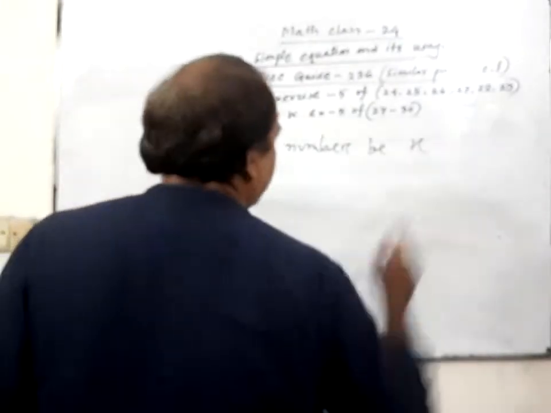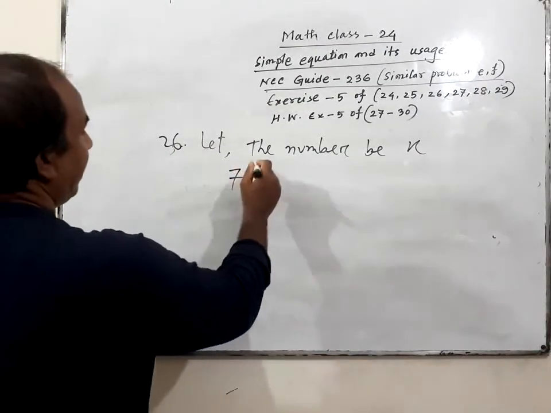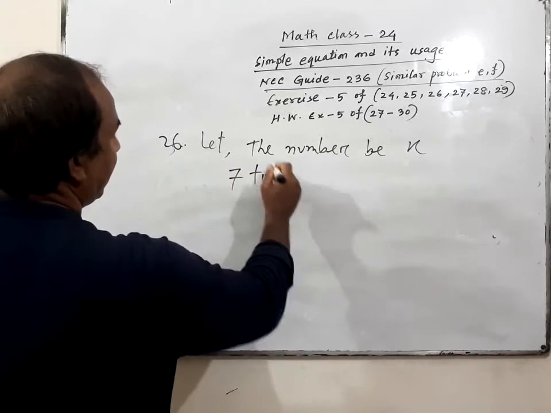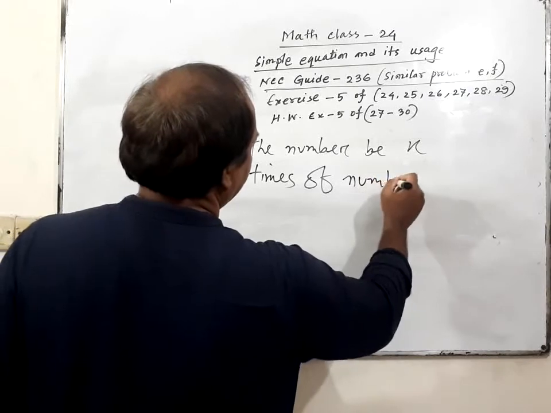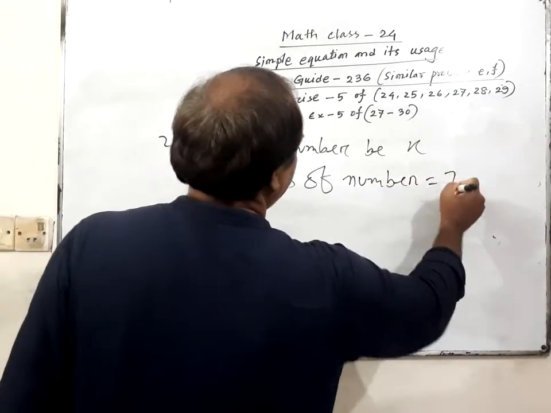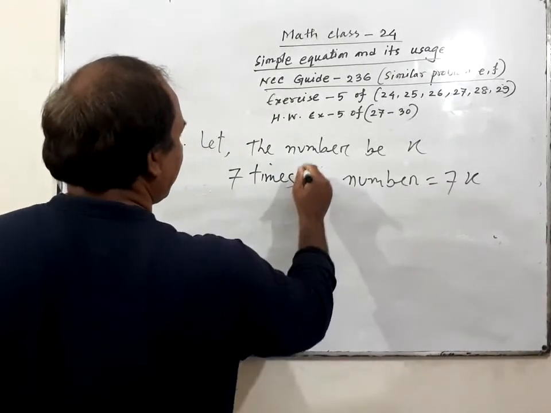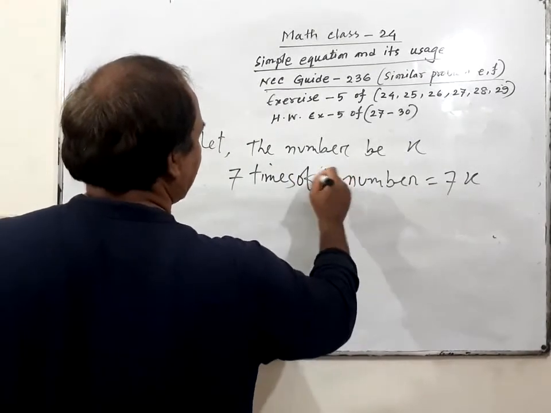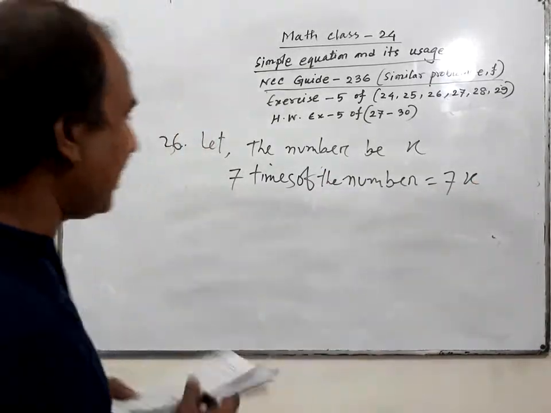So let the number be x. Seven times the number is equal to 7x. 7 times the number is 7x.